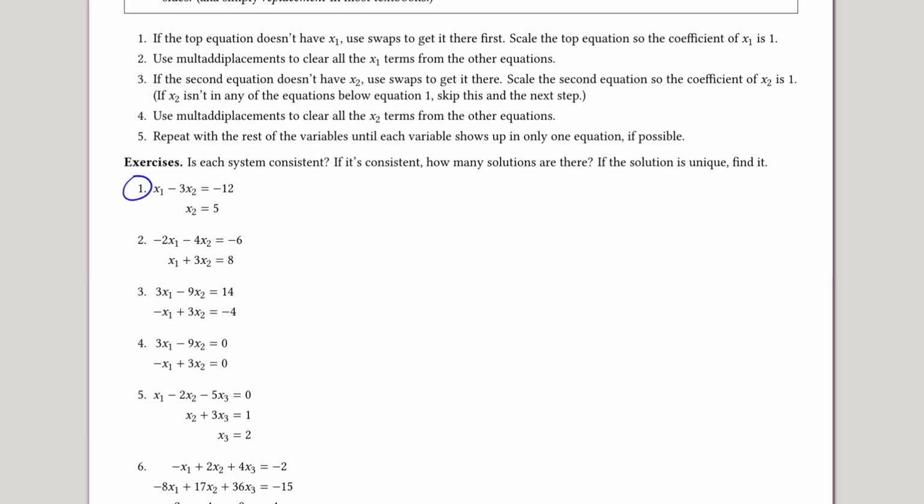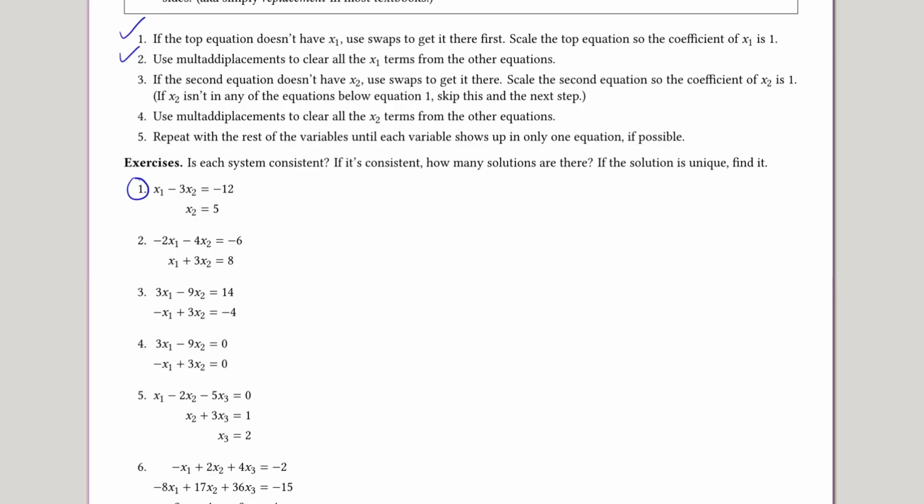As we do this, let's look at the steps. The first step says if the top equation doesn't have x1, use swaps to get it there. Scale the top equation so the coefficient of x1 is 1. That's already done; we already have a 1 x1. Use multiple replacement to clear all the x1 terms below it, but there are no x1 terms in the other equation, so that's done.